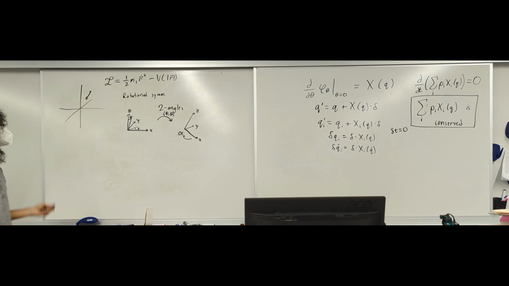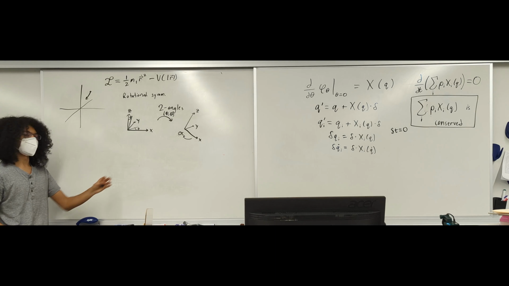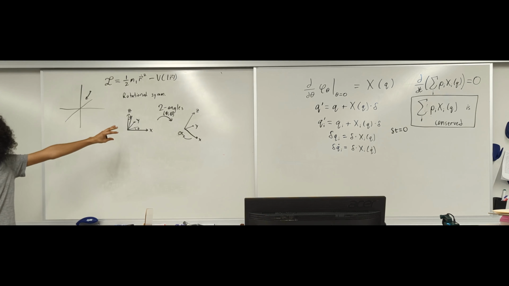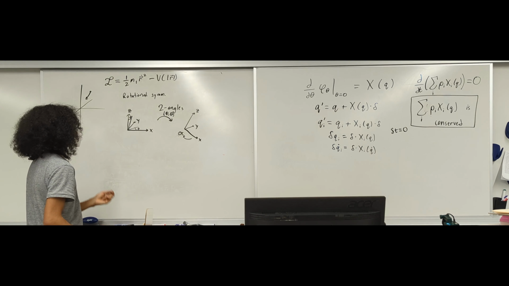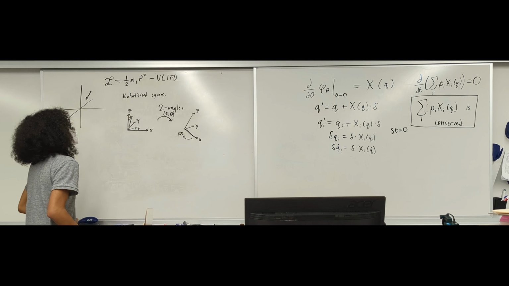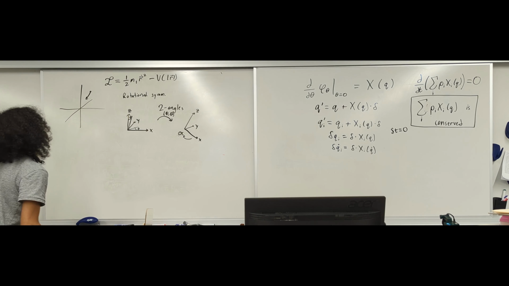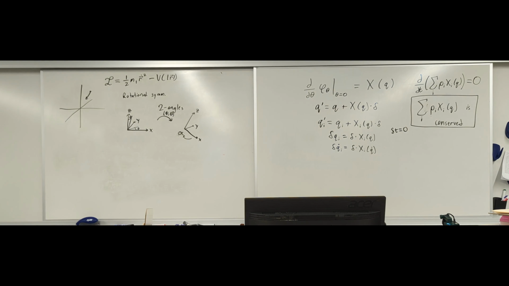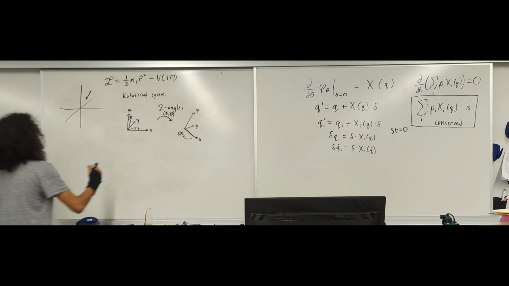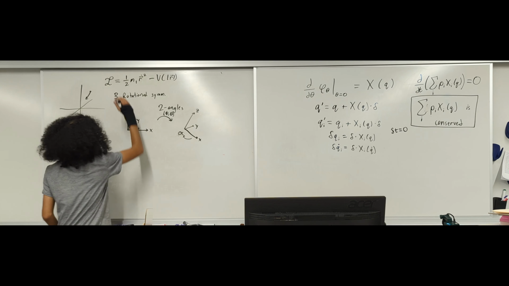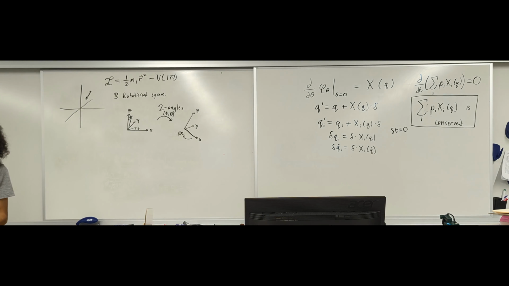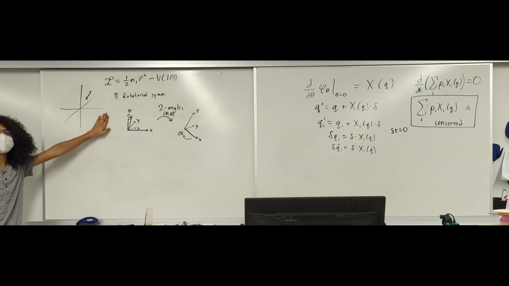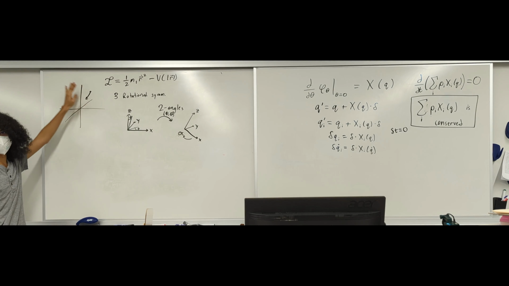Okay? There's another way of doing this, which involves what are called Euler angles. That's kind of complicated, and I don't want to go into it. But people also use that. I think it's related to this, though. Okay, so there are actually 3 rotational symmetries. And another way to think about this is that you can rotate about the x-axis, you can rotate about the y-axis, and you can rotate about the z-axis.